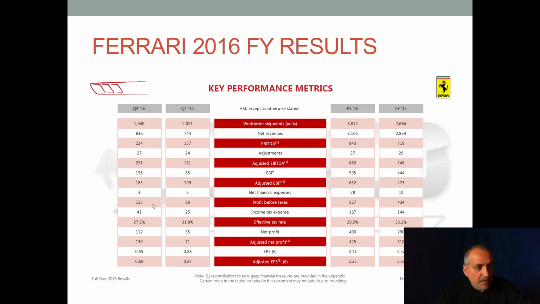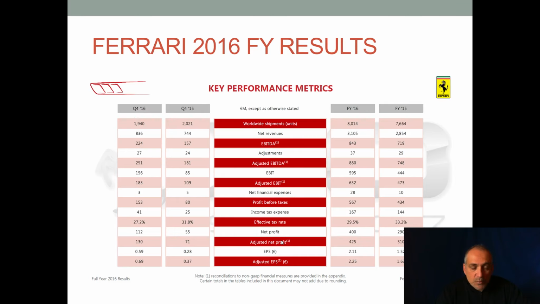This is a way of presenting in a very interesting way, in a comparable form, directly quarter on quarter. So Q4, fourth quarter of 2016 with respect to fourth quarter of 2015, while on the right hand side we have the full year 2015 with respect to the year 2016. We get basically all the major indications that we get from a financial income analysis.